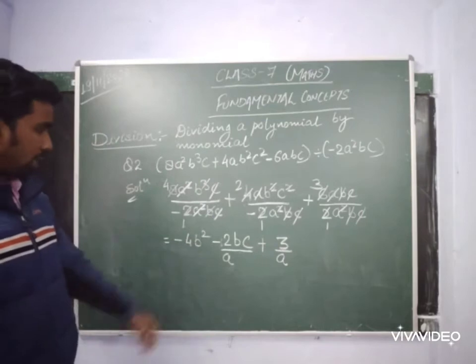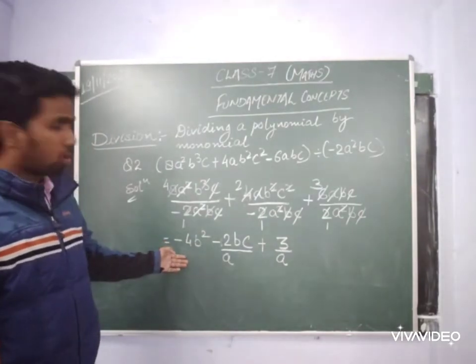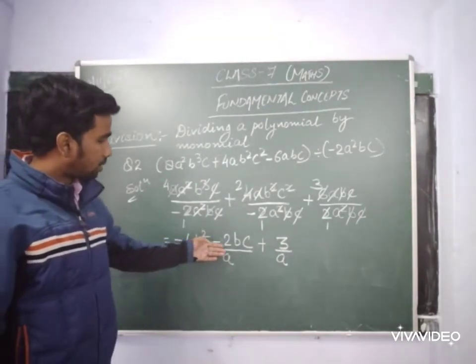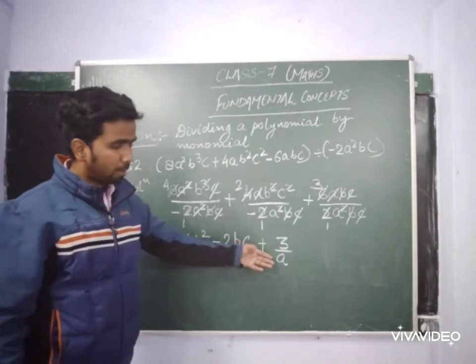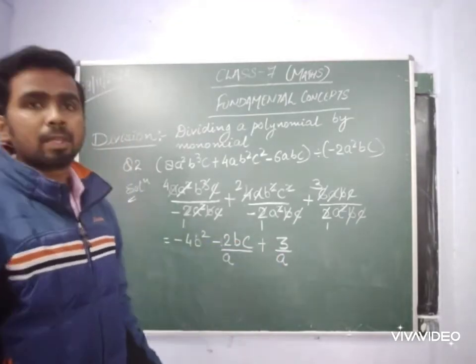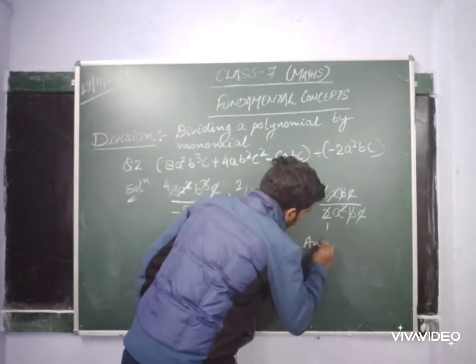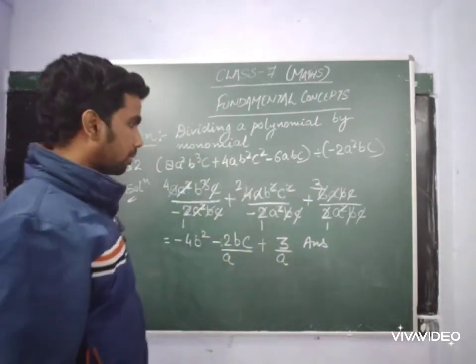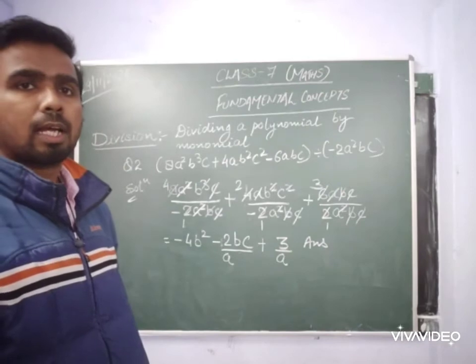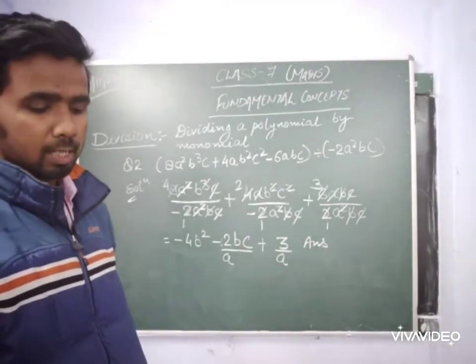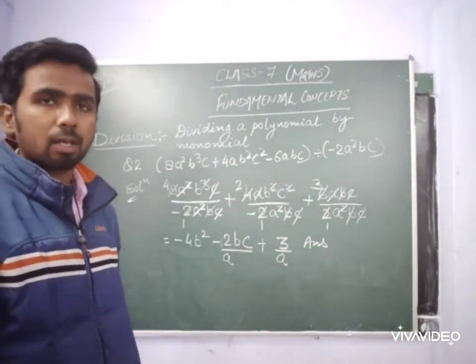Clear? So we have got minus 4b square minus 2bc upon a plus 3 upon a, and this is your final answer. So I hope you have understood. Look at the board and then we are moving on to the next topic.